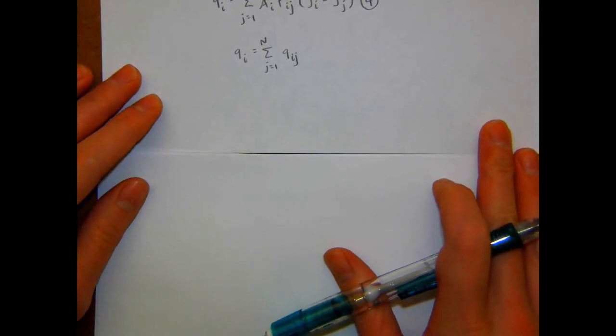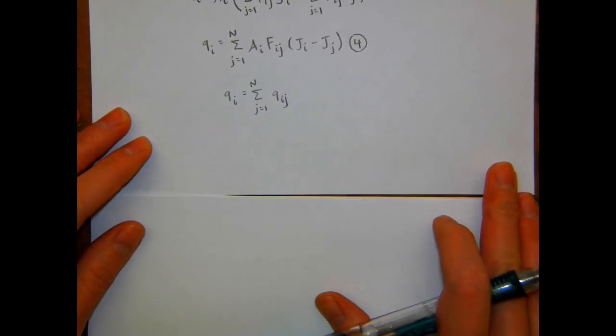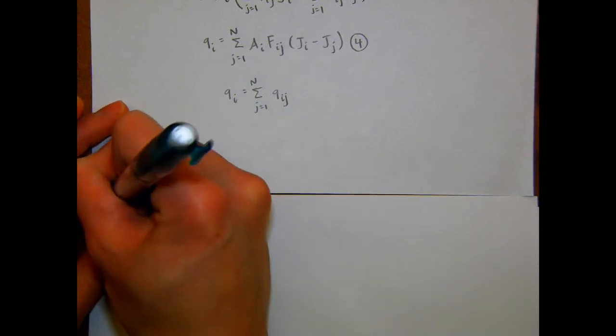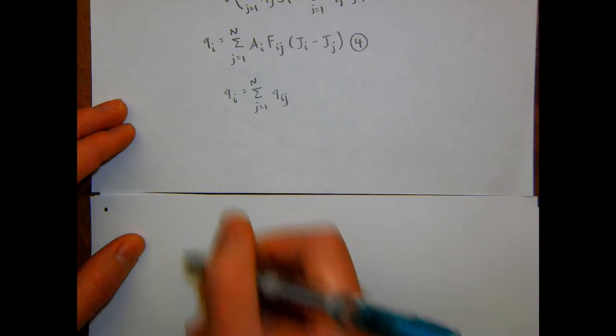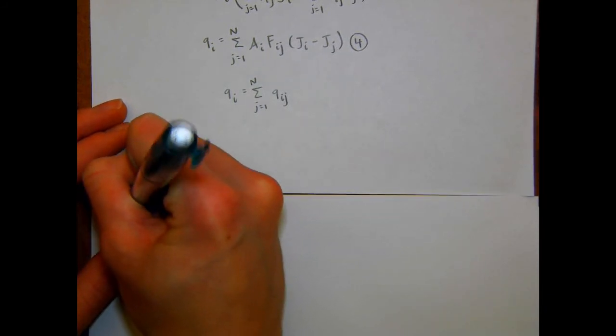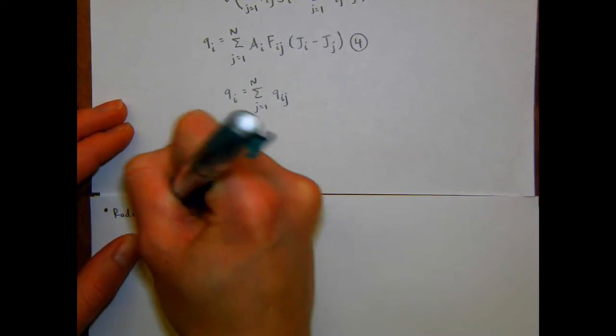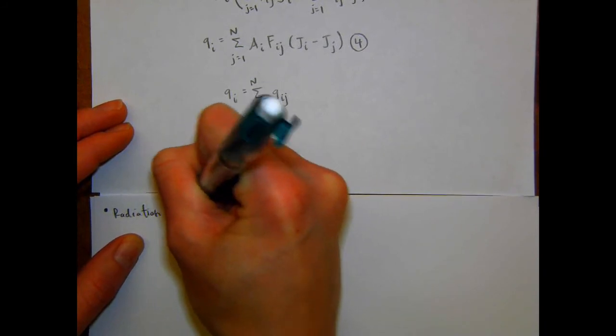So now we have multiple expressions for Q sub I, and we're going to use the last two that we developed, numbers 3 and 4, to set up this idea of the radiation network.